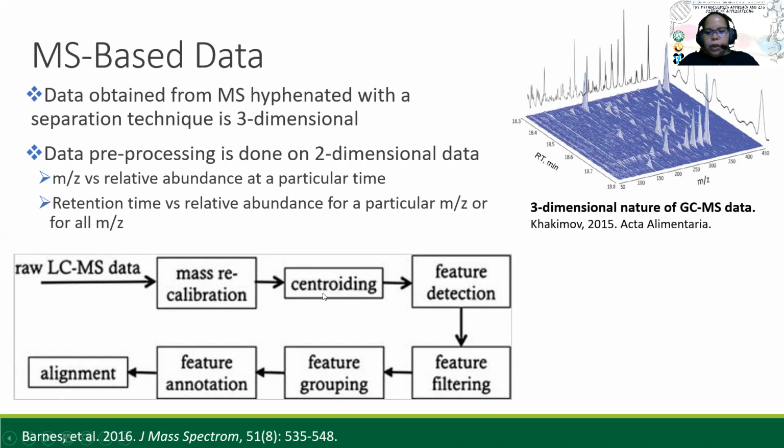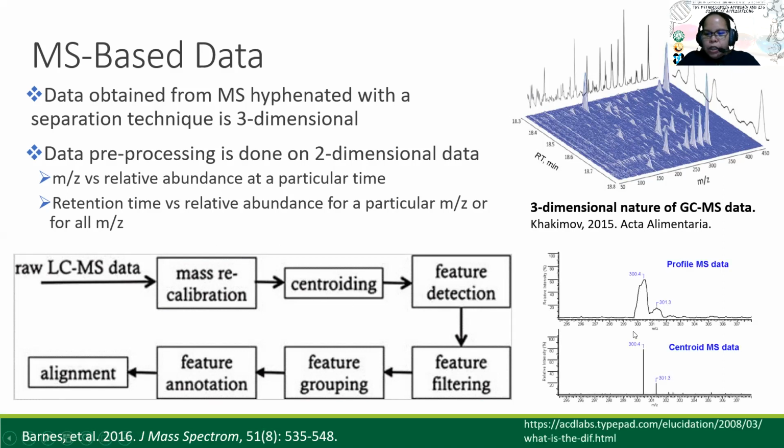You perform centroiding. When we say centroiding, usually in high resolution mass spec, you get profile MS data. That means your signals are collected continuously through time at a particular interval, and so you will generate a profile MS data.